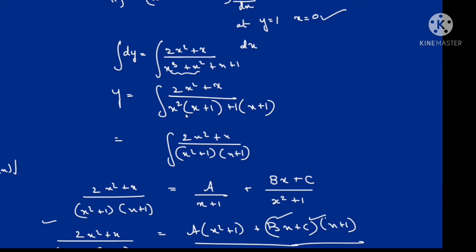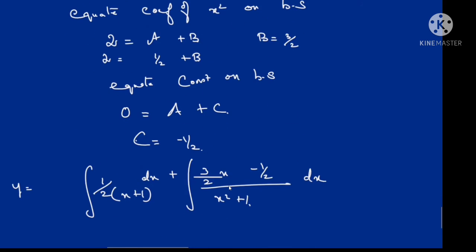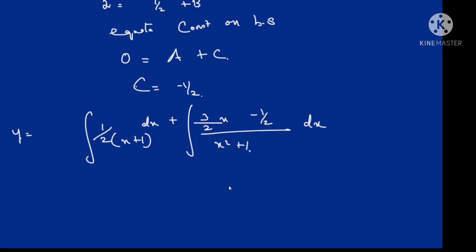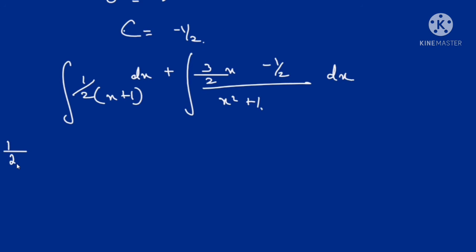Instead of integrating this, you are going to integrate the partial fractions. So a is 1 by 2, b is 3 by 2 and c is minus half. So how do you integrate now? What is the integration of this? Log of x plus 1.